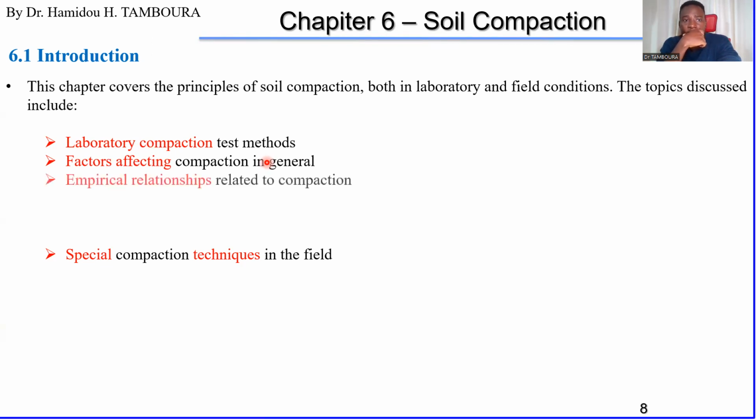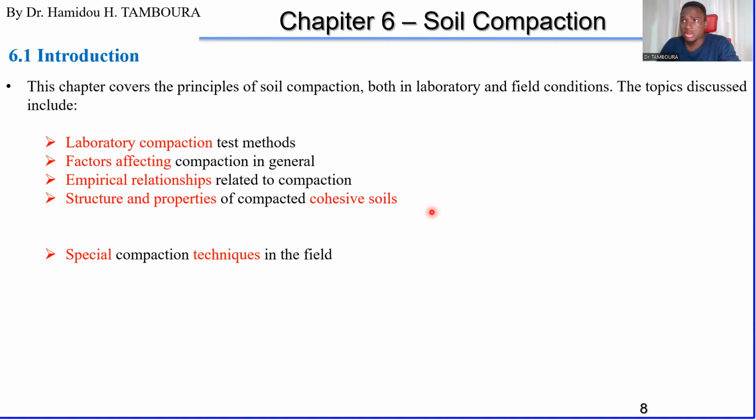Another thing we will do is empirical relationships related to compaction. There are some relationships related to compaction. And also, when we compact clay, or let's say cohesive soil, as you know, clay is always complicated.